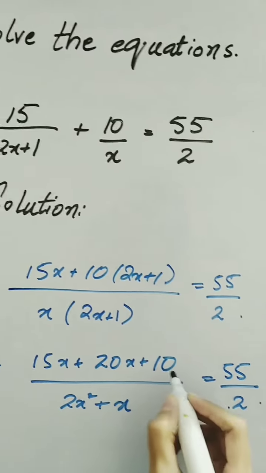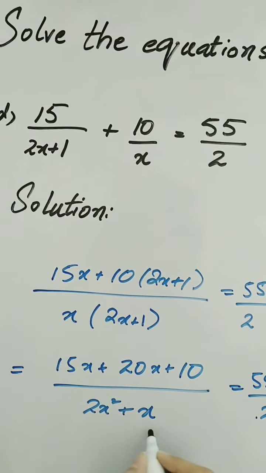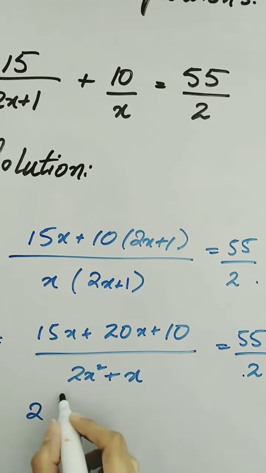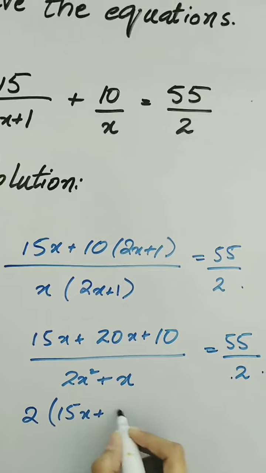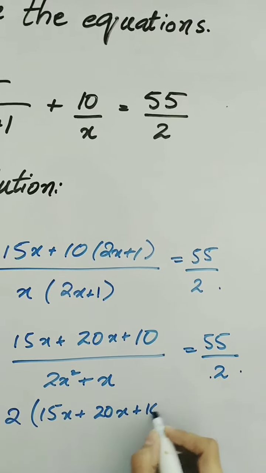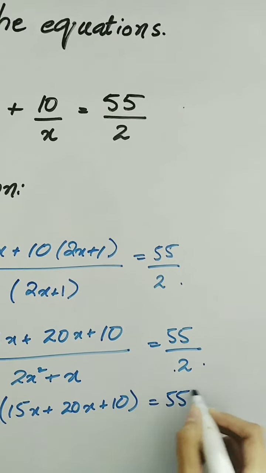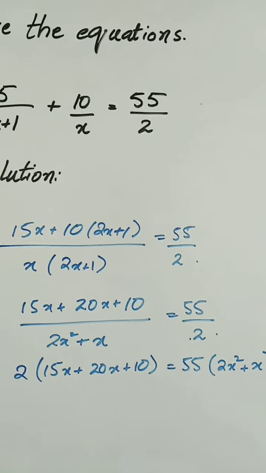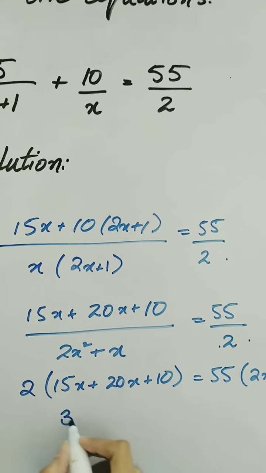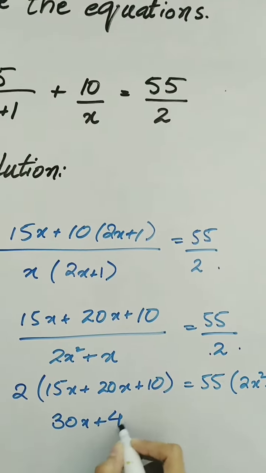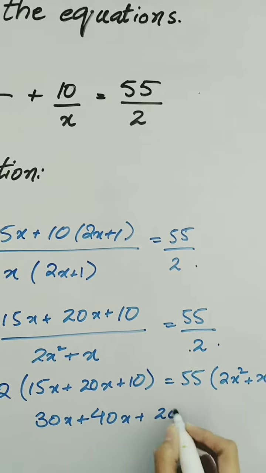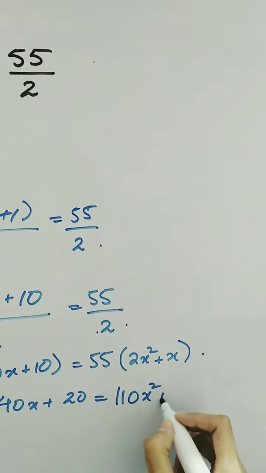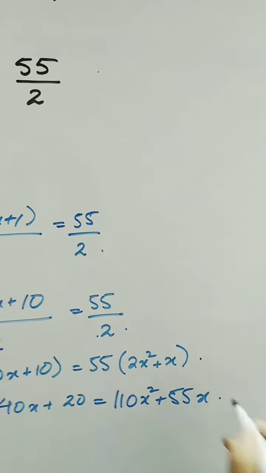Now this 2 goes there and multiplies with this expression, and this goes here and multiplies with 55. We will have 2 into 15x plus 20x plus 10 is equal to 55 times 2x square plus x. Now we have 30x plus 40x plus 20 is equal to 110x square plus 55x.